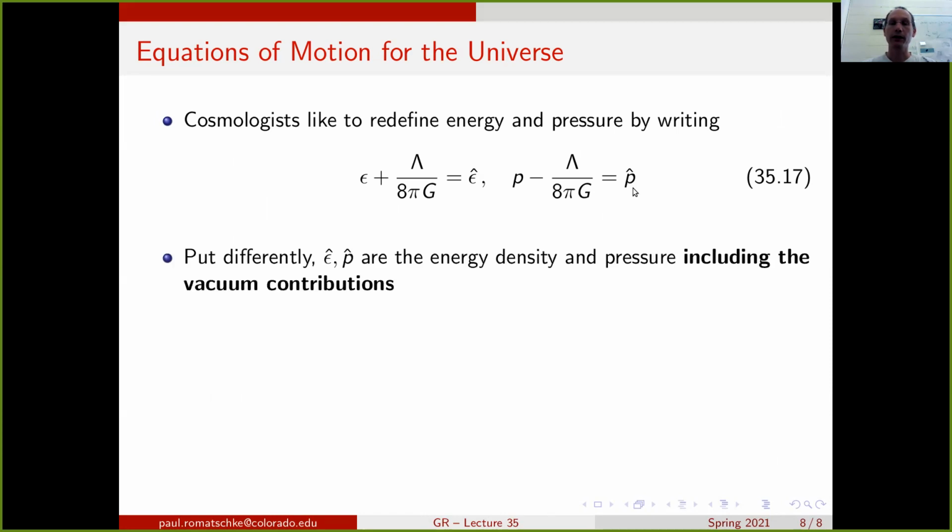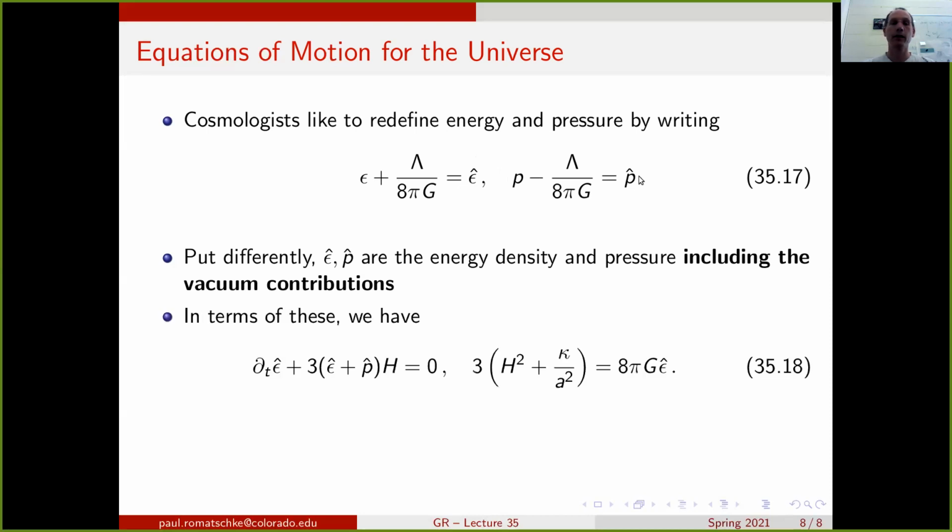A way to interpret this is to say that these new epsilon hats and p hats are the energy density and pressure of matter, including the vacuum contributions. Vacuum, because if I don't have energy density and don't have pressure, I just have vacuum, and I still get non-vanishing values for epsilon hat and p hat here. In terms of these, then the equations of motion become even simpler. They are just written in equation 35.18.